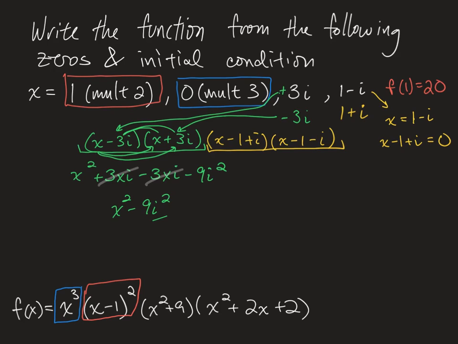So whenever I have an i squared, I think of it as a negative 1. So when I look at this now, I'm thinking x squared minus 9 times negative 1. Well, negative 9 times negative 1 is a positive 9. This is x squared plus 9. And you can see where that factor comes from right down here.